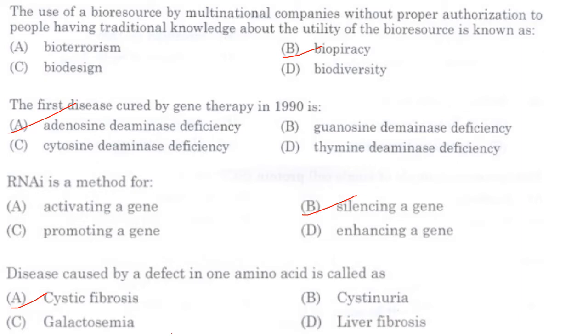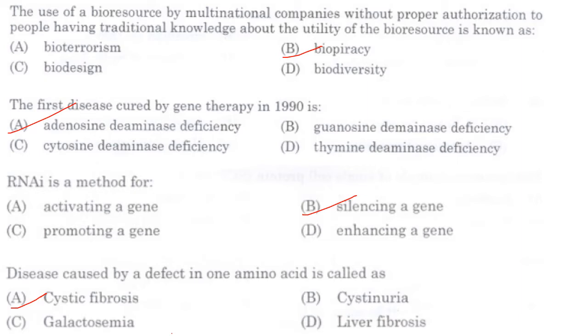the position 508. Now, what is cystinuria? It is a condition characterized by buildup of amino acid cysteine, a building block of most proteins, in the kidneys and bladder. And galactosemia is a disorder that affects how the body processes a simple sugar called galactose.